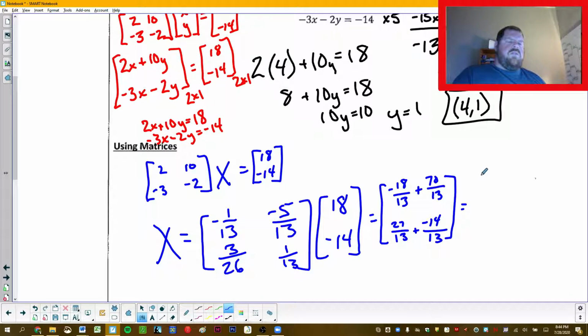And we can do some simplification. Negative 18 plus 70, we kind of saw that before. That's 52 over 13, and 52 over 13 is 4. 27 minus 14 is 13, and 13 over 13 is 1. So we get our same answer of 4, 1. Same answer is there.